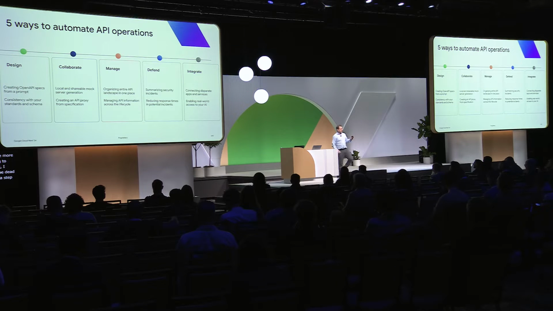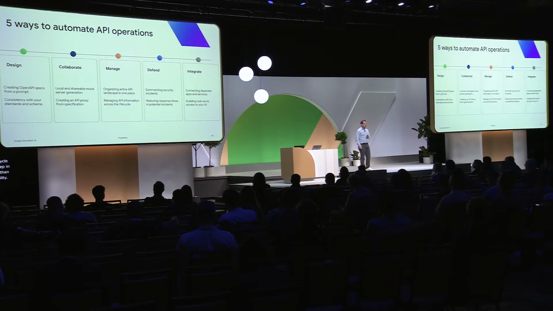So we're going to talk about 5 scenarios with a fictional company going through an API lifecycle management journey. Keep in mind, there's well more than 5. In reality, there's hundreds.